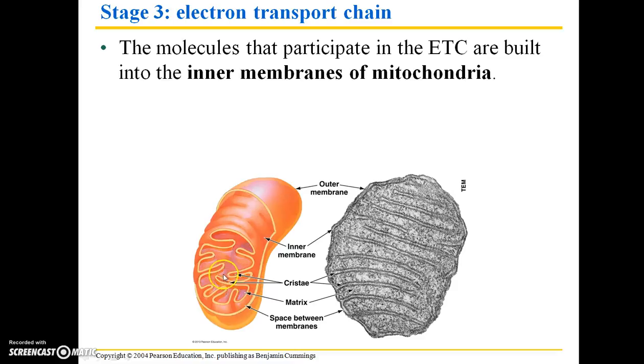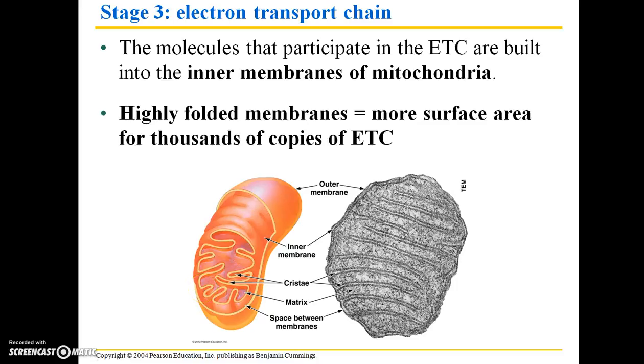And you have all of this infolding here that ultimately creates a lot of surface area for these electron transport chains. So it's highly folded, just like our brains are highly folded to basically increase our capacity to store information.